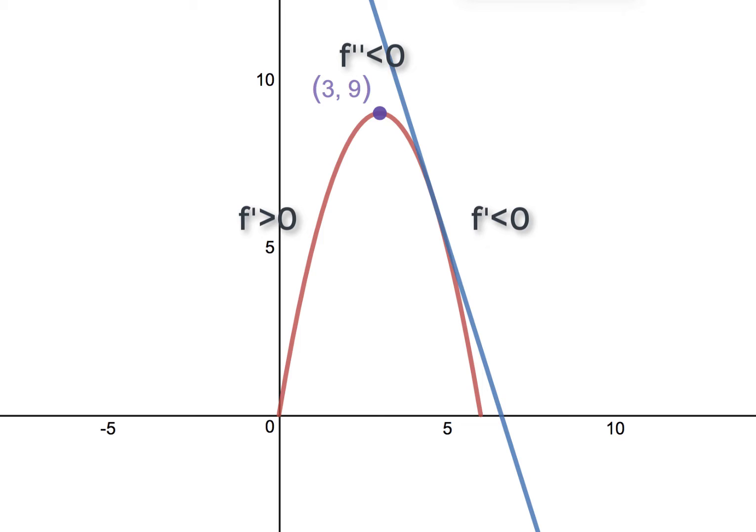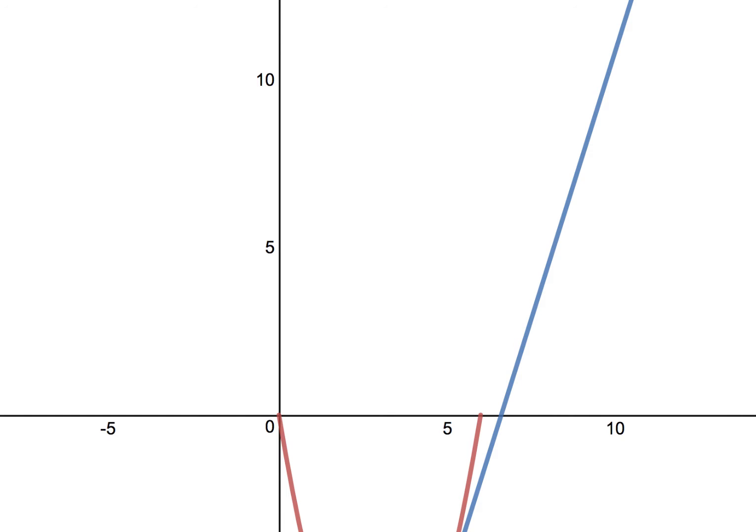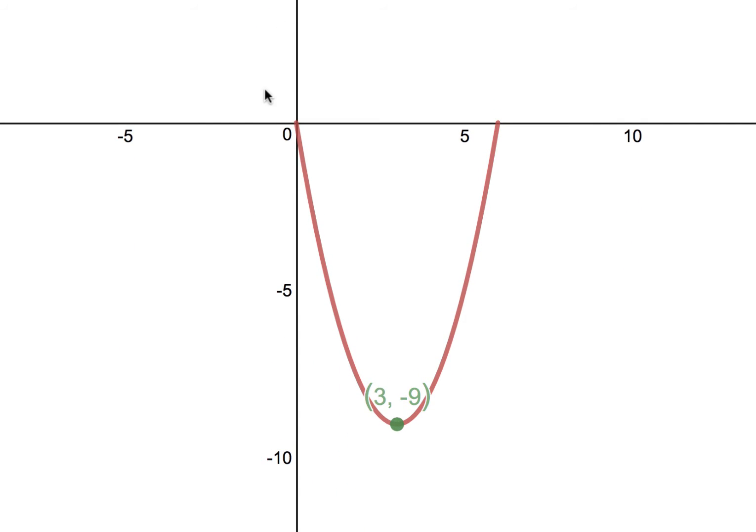Now on the other hand, let me remove this graph and look at a different function. So we can scroll down here. So now we have a minimum value, right? We've got a minimum value here, and do the same analysis of the slope.